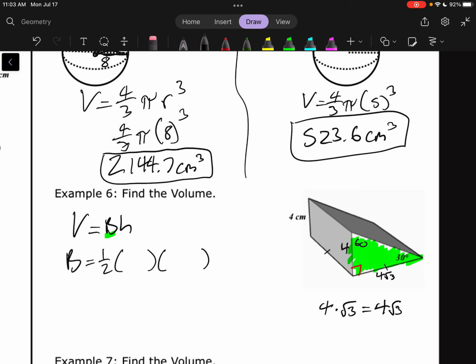So to find the area of that triangle, I need to do 1/2 base times height, which would be 8√3. If you just multiply 1/2 times 4 times 4, that's 8, keep the √3. Now, if that's 4√3, this is also 4√3 based on the markings. So the height of our prism is also 4√3.